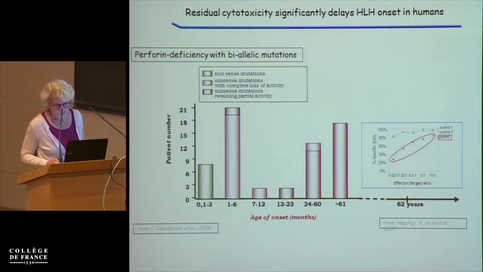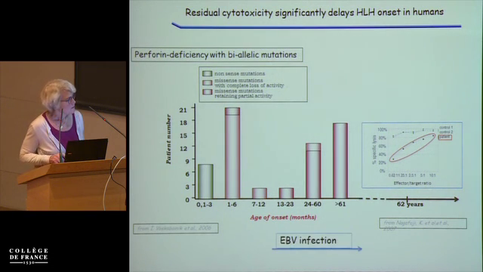And in this context of late HLH onset, Epstein-Barr virus infection is a frequent trigger of this late onset HLH, and you know that EBV infection strongly stimulates the immune system, and that during the acute phase, up to 50% of the CD8 T lymphocyte population can be specific to EBV epitopes.